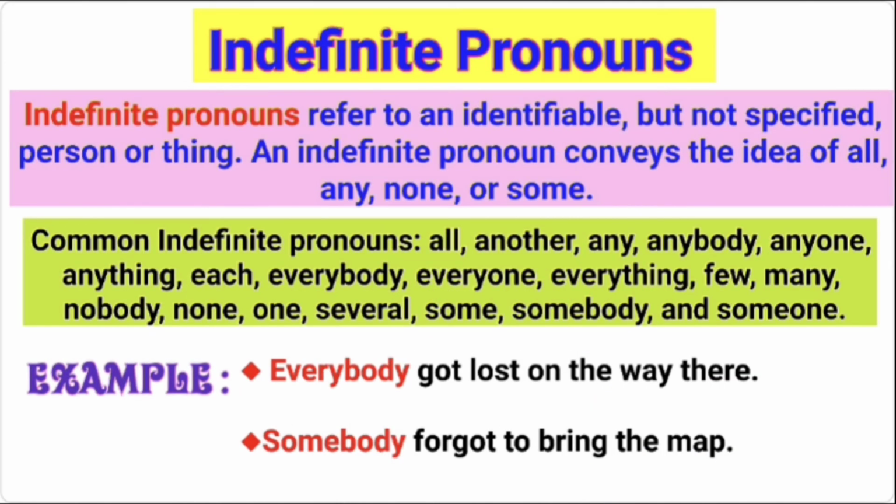Students, our next pronoun is indefinite pronouns. So let's read the definition. Indefinite pronouns refer to an identifiable but not specified person or thing. An indefinite pronoun conveys the idea of all, any, none, or some.